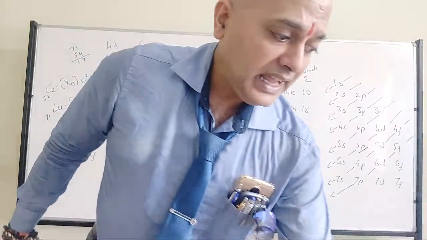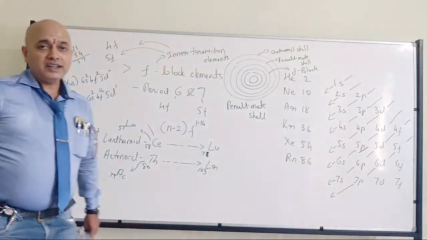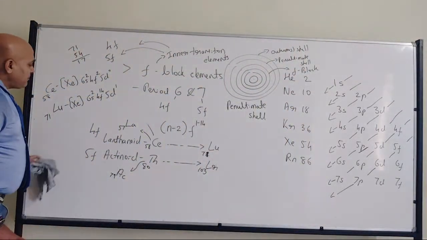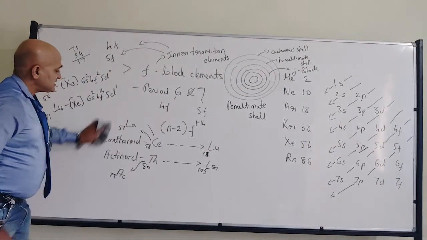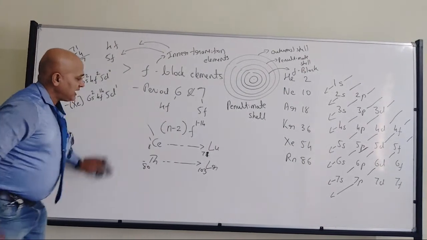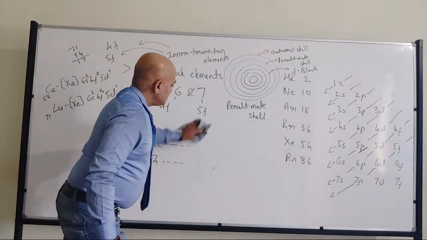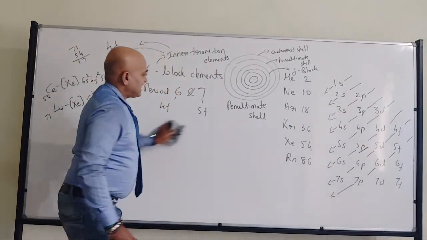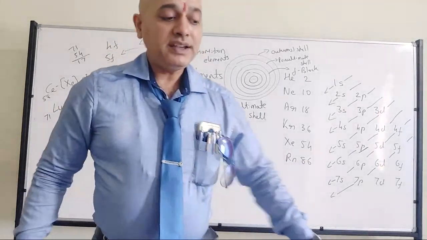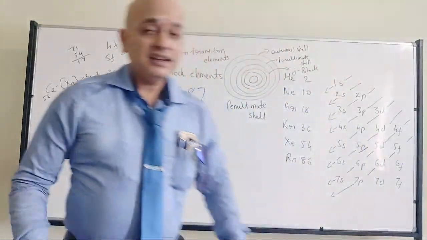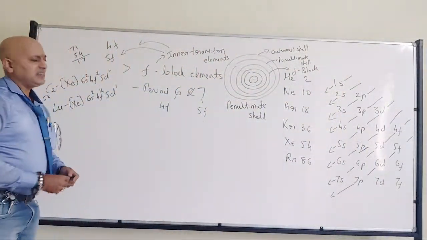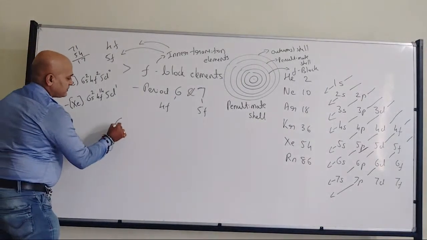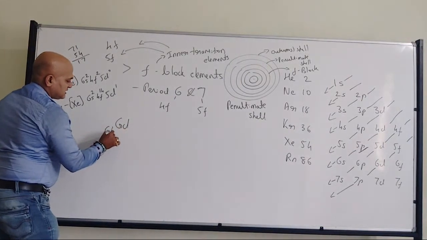Fine. Can any one of you write the electronic configuration for the element having atomic number 64? Can any one of you write it? That is gadolinium, Gd, 64.